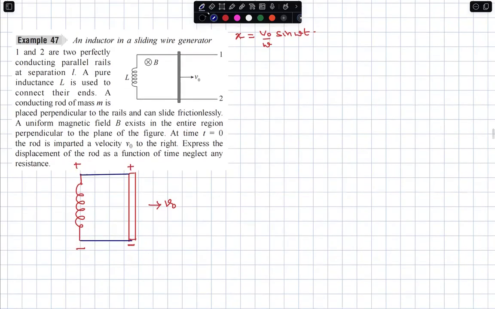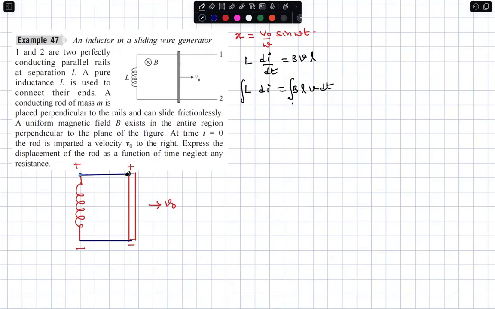At any instant, L di by dt is BVL. L di is BL V dt. Do the integration. We will take this as the point of projection, x is equal to 0, the instant when you projected this.